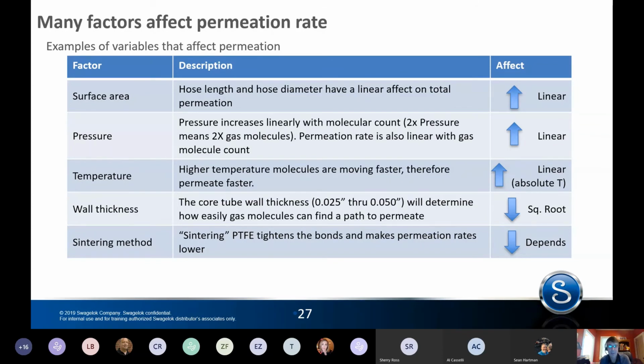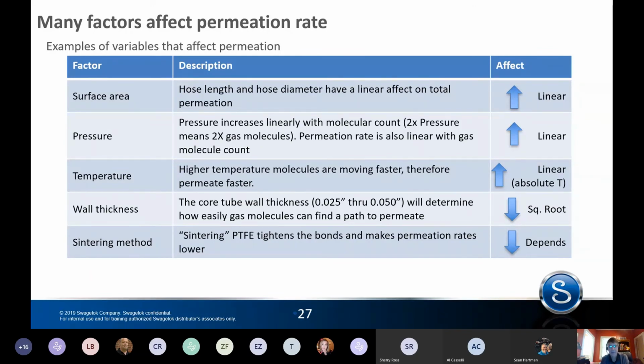The top 2 are pretty straightforward. The higher the surface area, the higher the pressure, the higher the permeation. And we know they're perfectly linear. So if you have a 2-foot hose versus a 1-foot hose, you essentially doubled the surface area. In that case, you're going to double the permeation rate. If you have a 2,000 PSI hose or you have a 1,000 PSI hose, you exactly double the permeation rate by doubling the pressure.